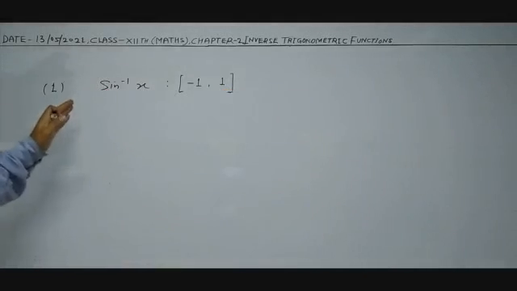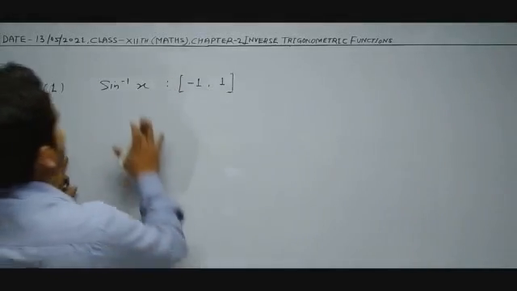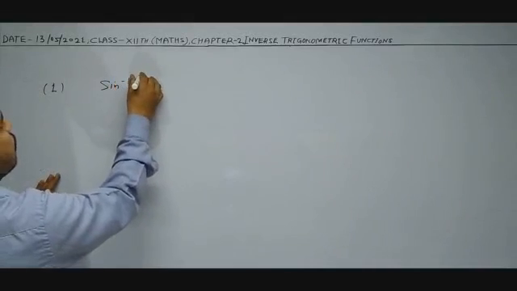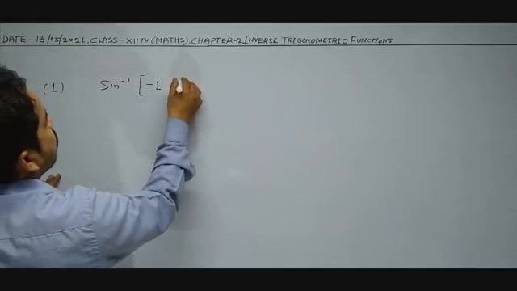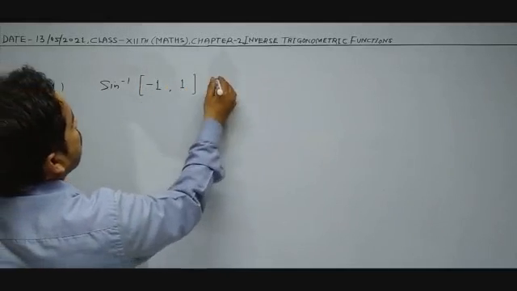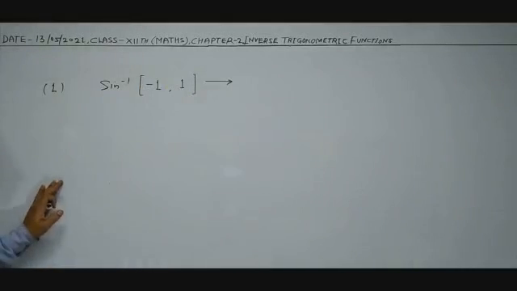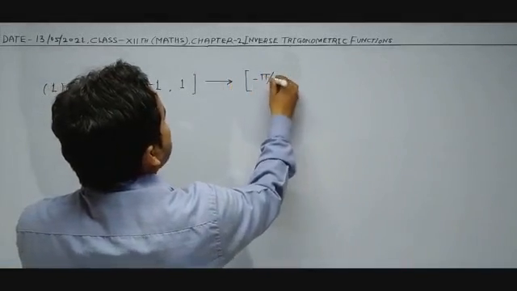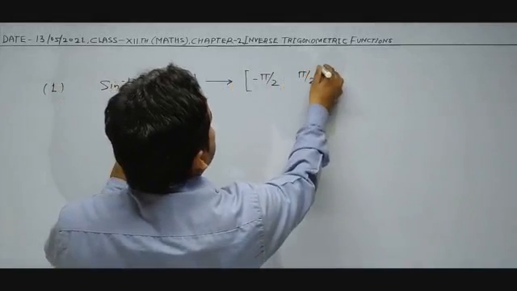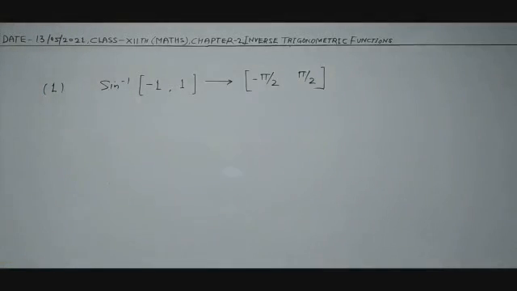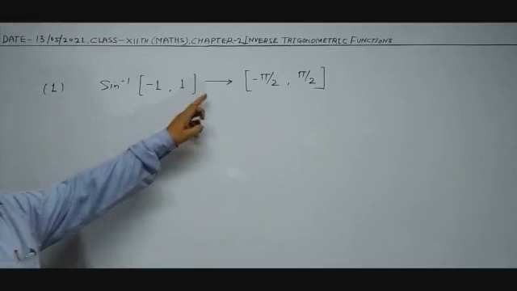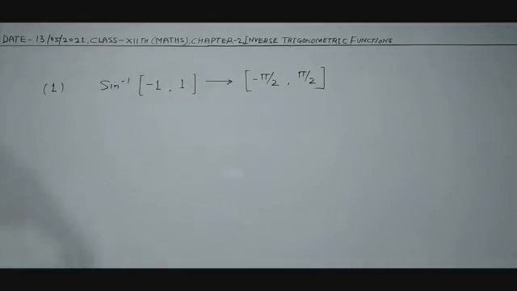Sine inverse x such that x belongs to -1 to +1, or this can also be written as sine inverse from -1 to +1 arrow, the result goes to -π/2 to +π/2 in closed intervals, and this is known as the principal value branch that lies between -π/2 and +π/2.